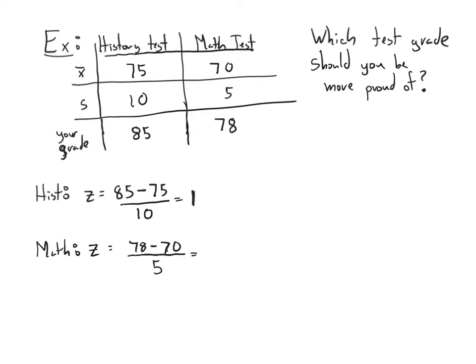So this is 78 minus 70 is 8, so we have 8 over 5, which is 1.6. So this guy's farther away from the mean because it's 1.6 standard deviations.